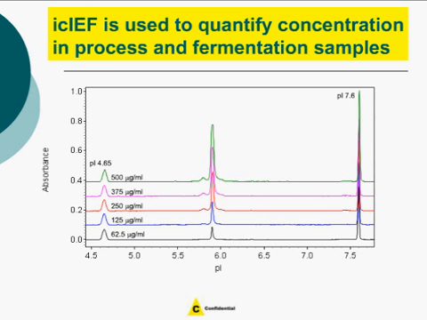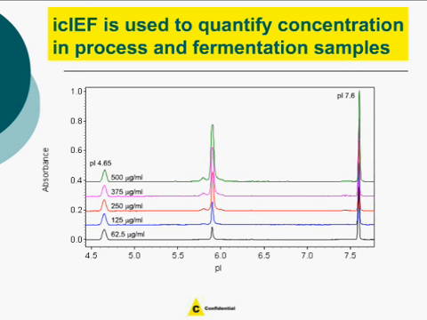Initially, we attempted reverse phase HPLC, and we screened a number of different types of reverse phase columns. However, because of the strong binding affinity of this protein to the column, protein carryover was a major issue, and so we were not able to develop an HPLC method to determine concentration. At that point, we decided to evaluate whether the existing established image capillary isoelectric focusing method could also be used to determine titer to support process development studies.